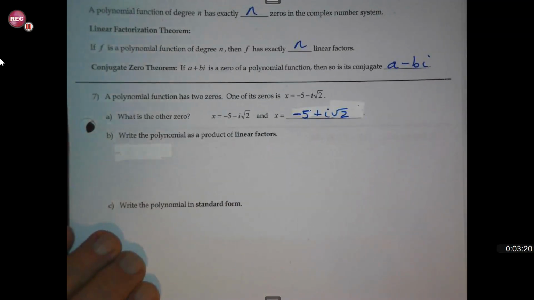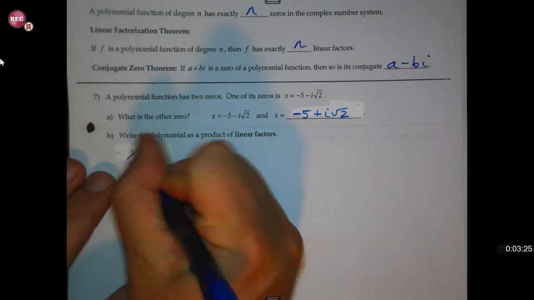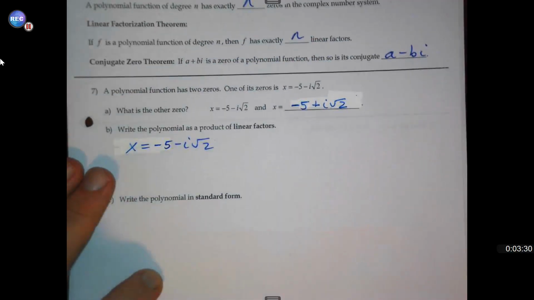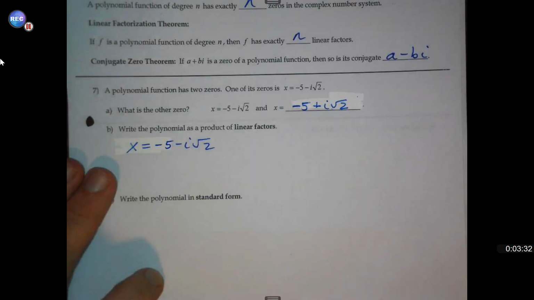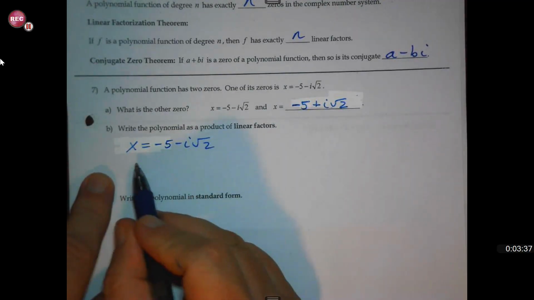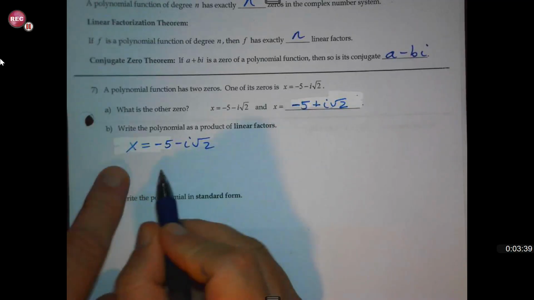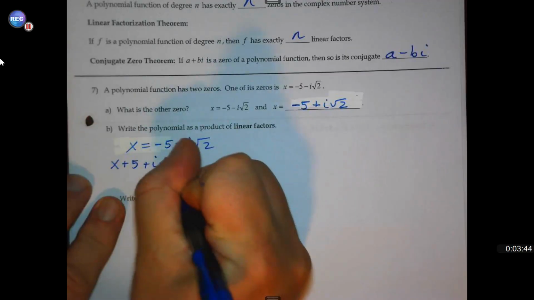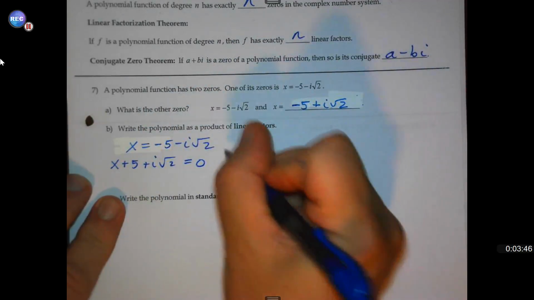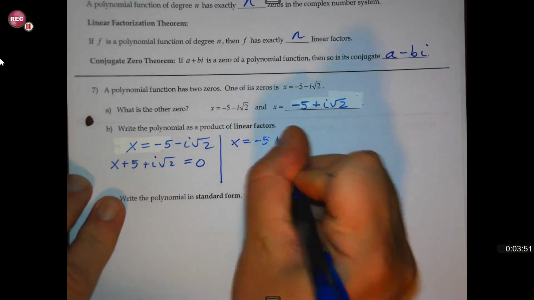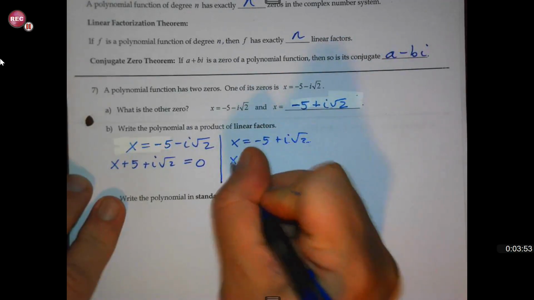Now I want us to write this polynomial as a product of linear factors. Check this out. One of the zeros is x equals -5 minus i radical 2. If I want to create a factor for that, I'm going to have to move these two terms to the same side of the equal sign as the x. To make that happen, I'm going to have to add them both over. So it looks like this. And I do the same thing with the other zero, moving those two terms to the same side with the x.